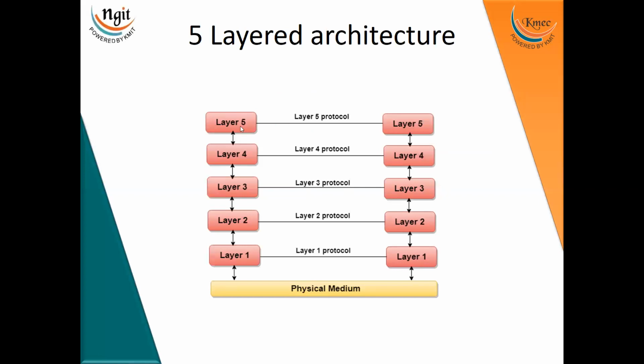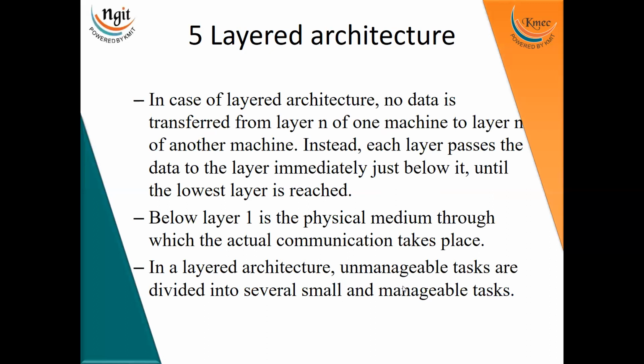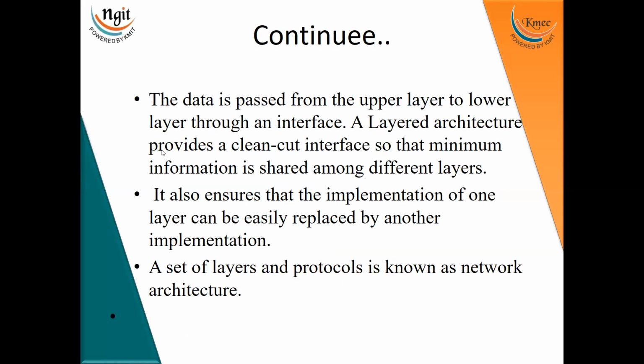That means the data is transmitted from layer 5 to layer 1, one after the other, and only then do we have the physical medium, through which the data is communicated. Here, unmanageable tasks are divided into small and manageable tasks. Next, the data is passed from the upper layer to the lower layer through an interface, and a layered architecture provides a clean-cut interface so that minimum information is shared among different layers.